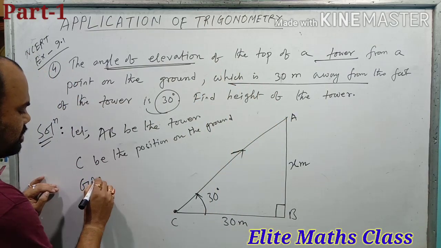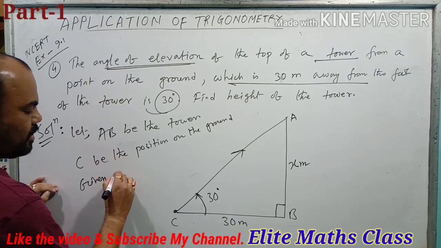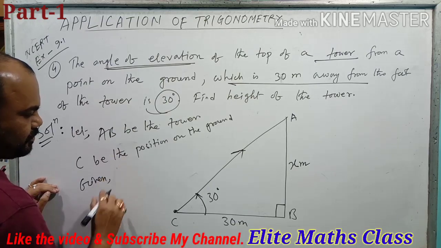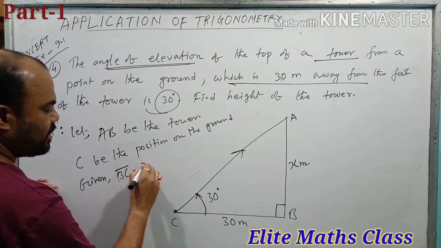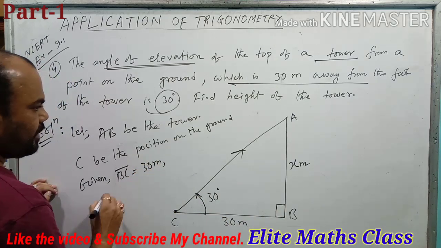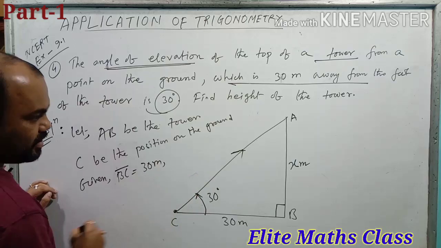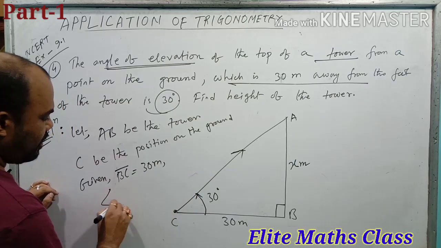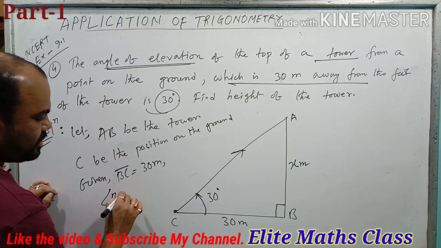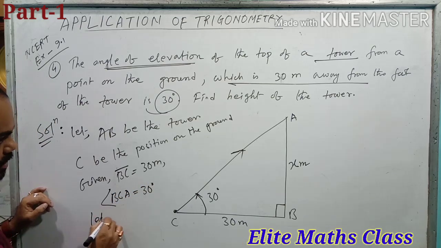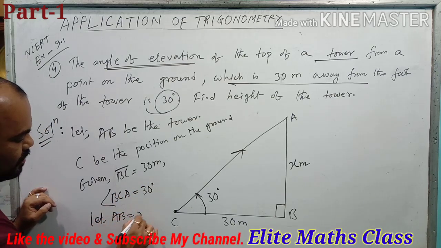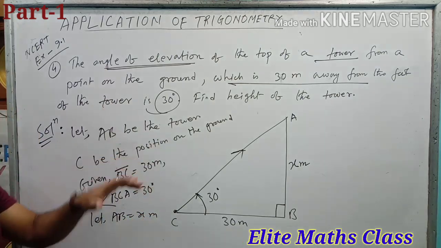Then write given: BC, the distance of the point from the foot of the tower, is 30 meters. The height of the tower is to be found, and the angle of elevation BCA is 30 degrees. Let AB equal x meters, that is the height of the tower we have to find.